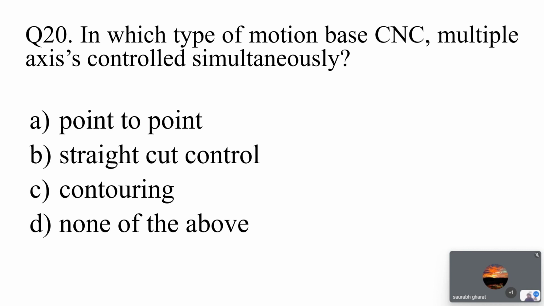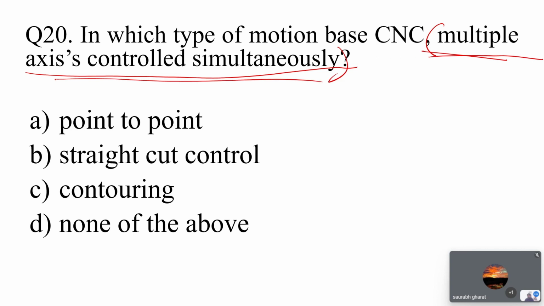Here the most important thing is multiple axis control simultaneously. So in point to point, you are not using straight control. Or in the case of contouring, you are using multiple axis control simultaneously.